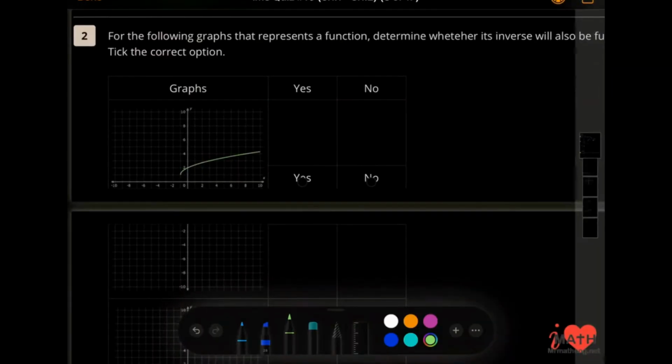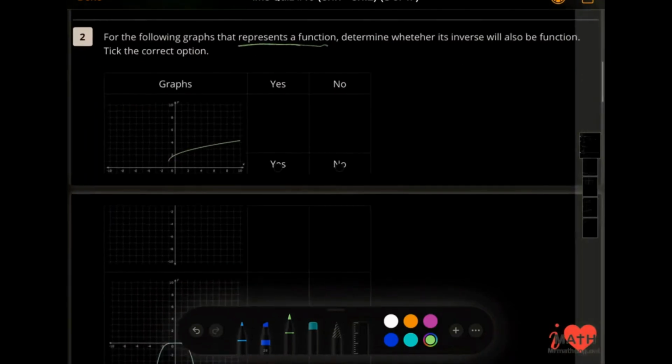For the following graphs that represent a function, so they're already telling you it's a function, determine whether its inverse will also be a function. So how do we do this graphically? You're going to do something called the HLT, which is the horizontal line test. It's pretty much the same thing.